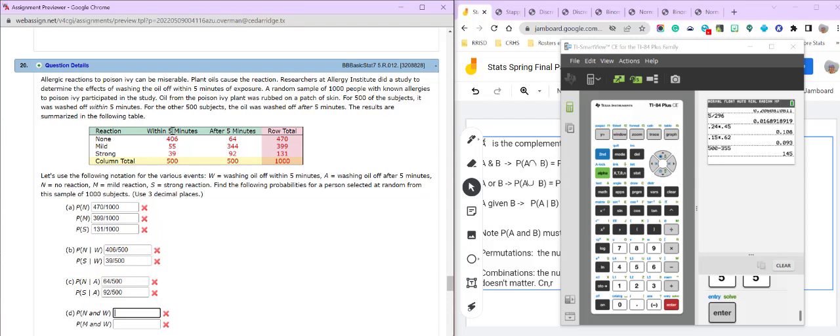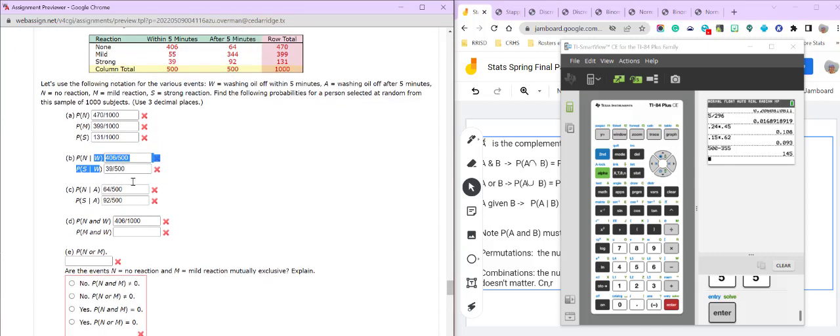Probability of no reaction and within 5 minutes, there were 406 of those out of the total. It's not a given. So when you have the givens, that means I was just in this column right here, right? This column right there. For the given W. Given A means I'm only in this column. If I don't have those vertical lines, then I really have to use the total. So you can see it's 500 here, here, and there, but these are using 1,000.